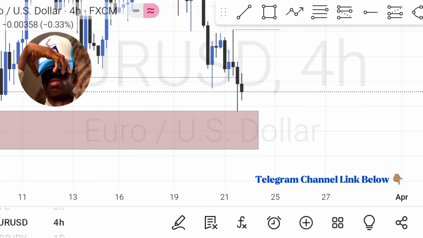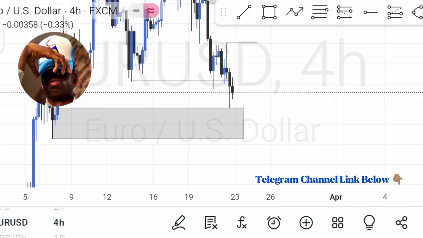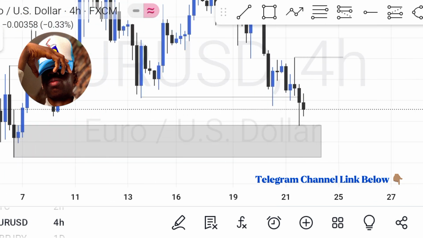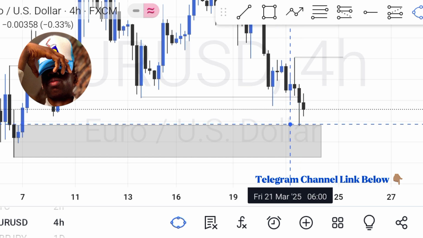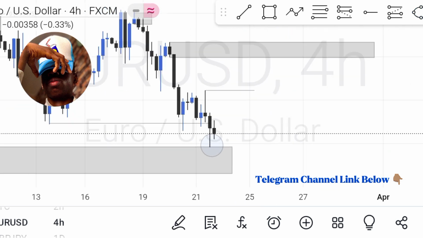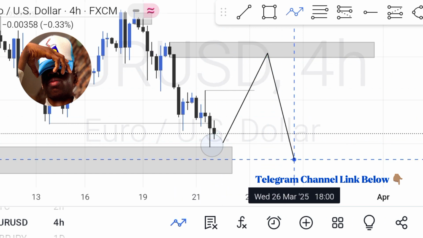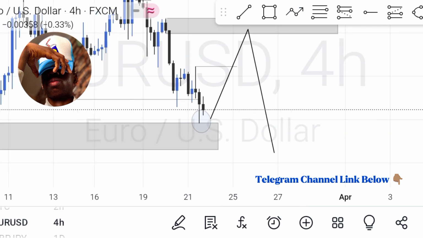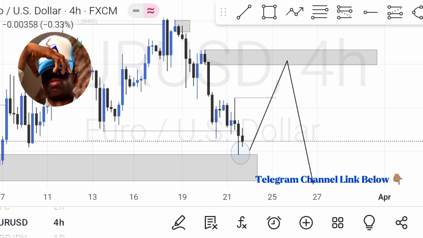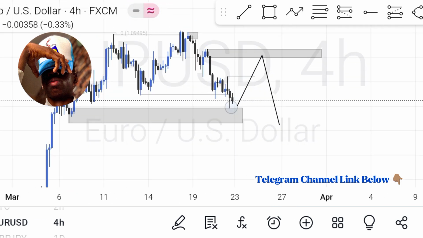Okay, notice how we already tapped the rebound zone, right? So I should pretty much be saying a reversal to this point, and then I could short. That means you could counter this trend also. We also have other rebound zones, but let's just keep it simple.